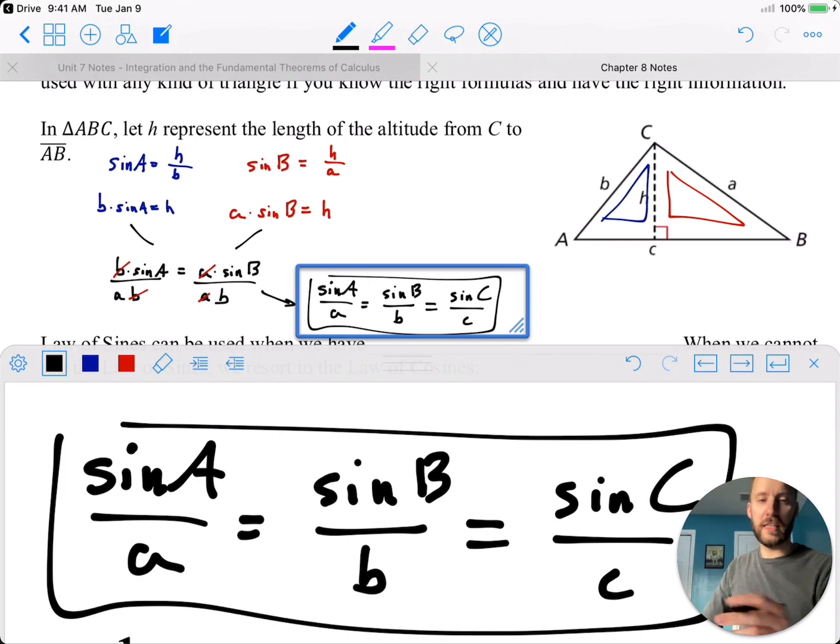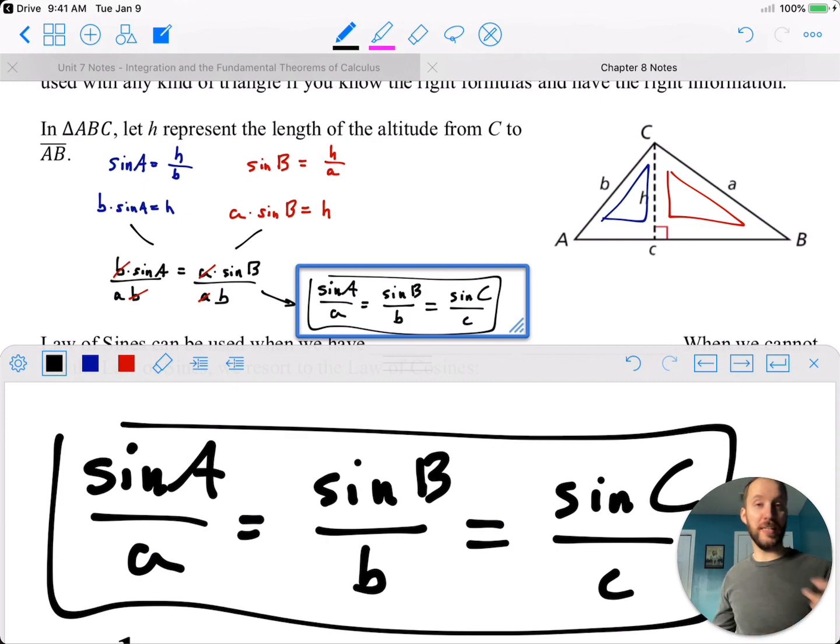So this is the law of sines. Sine of big A over little a equals sine of big B over little b equals sine of big C over little c. But here's the catch. While it's a pretty easy formula to use, you need opposite information.